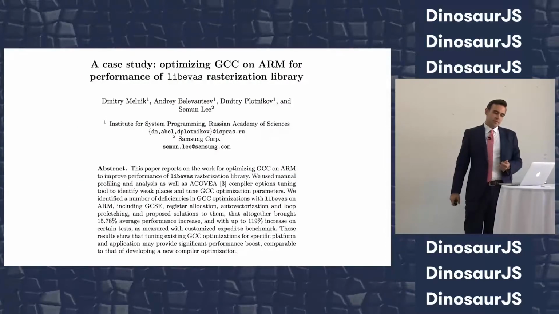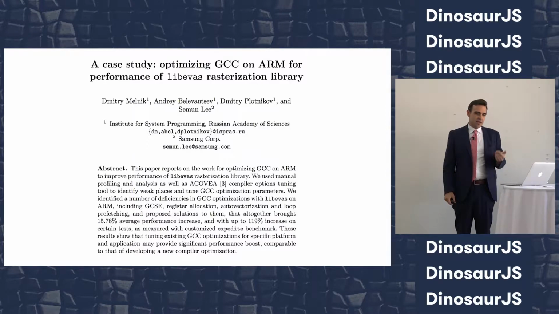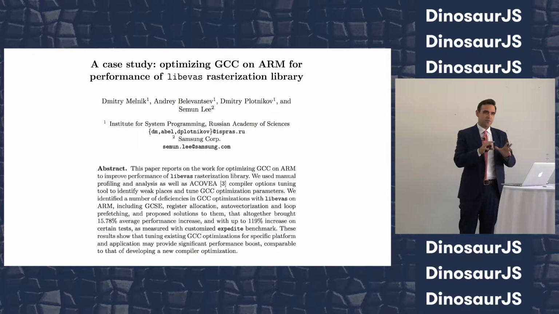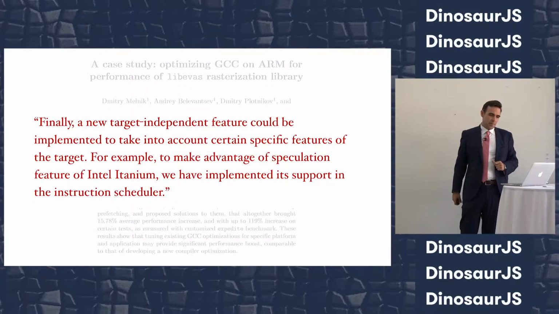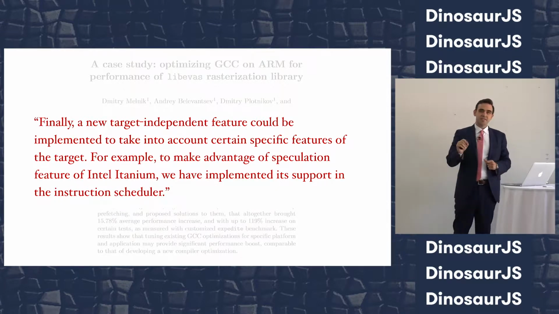And best of all, the compiler can not only make our code run on different architectures, it can also use its knowledge of the performance characteristics and how they differ across these architectures to optimize the code differently for those particular characteristics. So this is from a paper where they were talking about optimizing GCC for ARM.